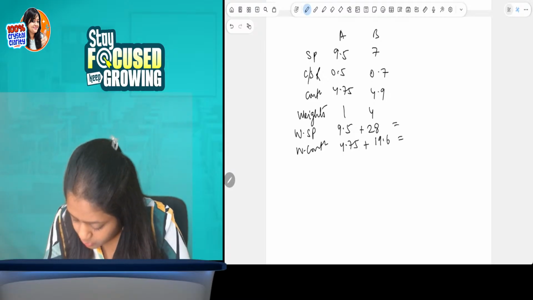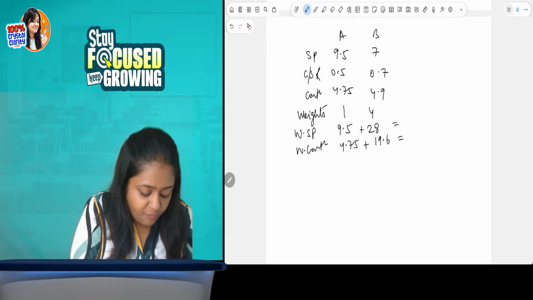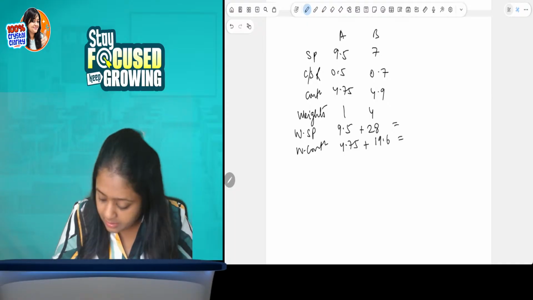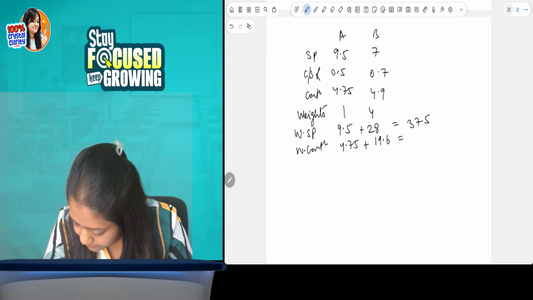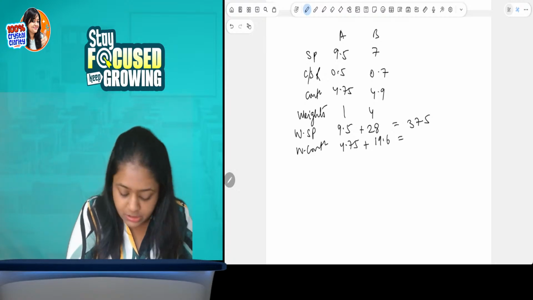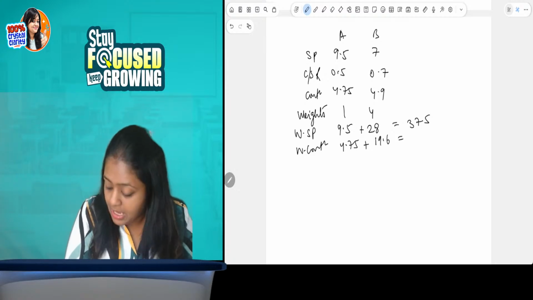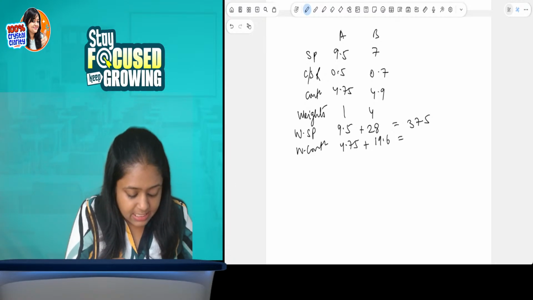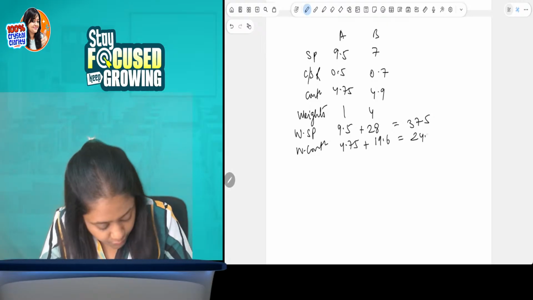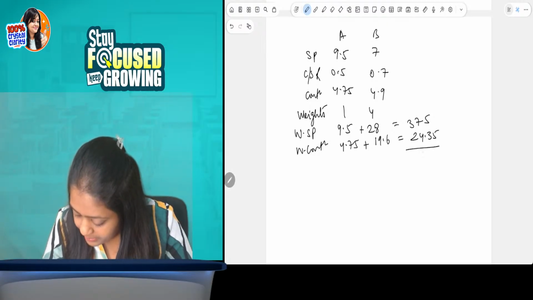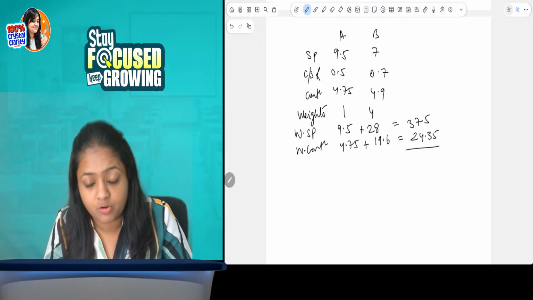Get the totals. 9.5 plus 28 will be 37.5, and the weighted contribution will be 4.75 plus 19.6, which gives me 24.35.